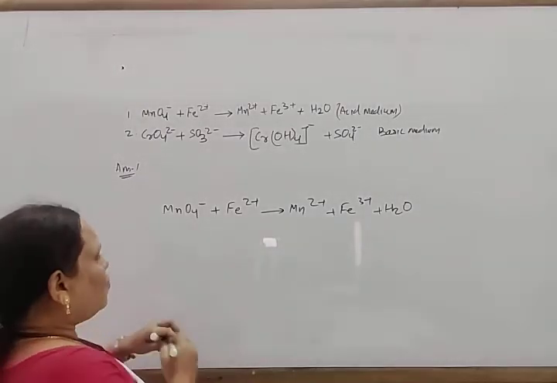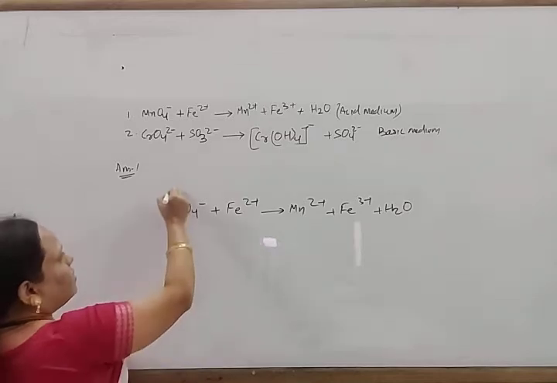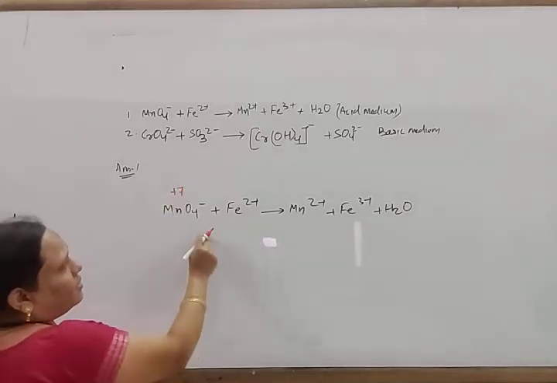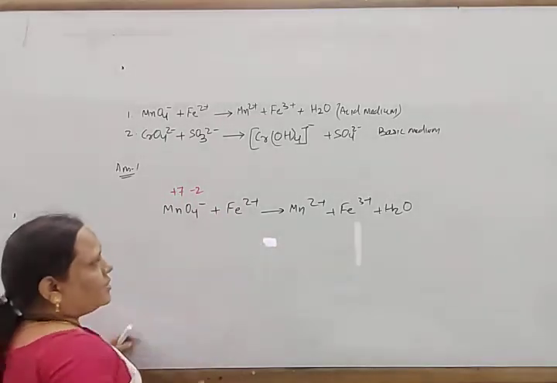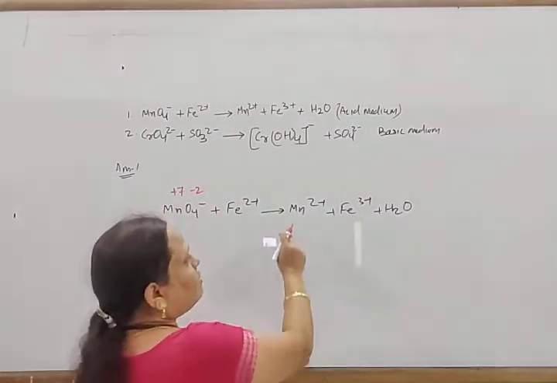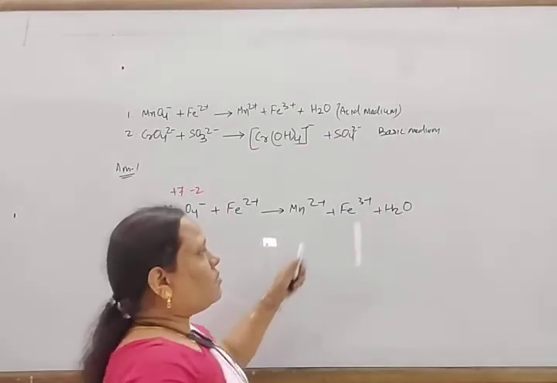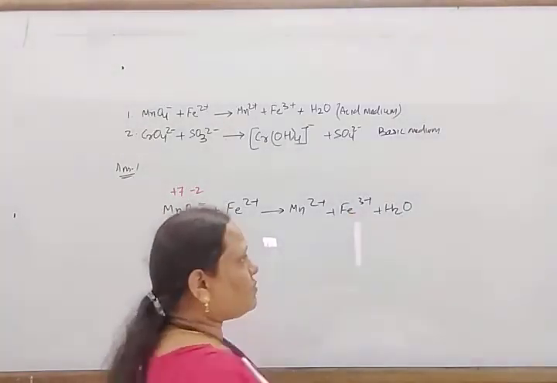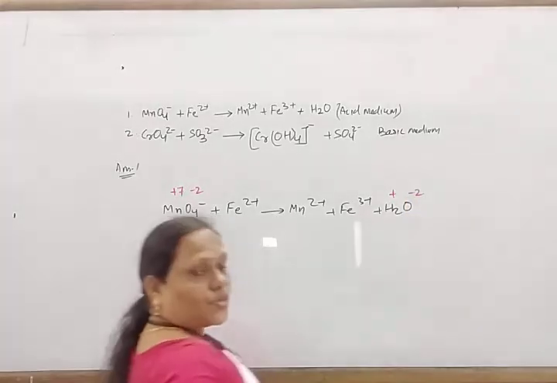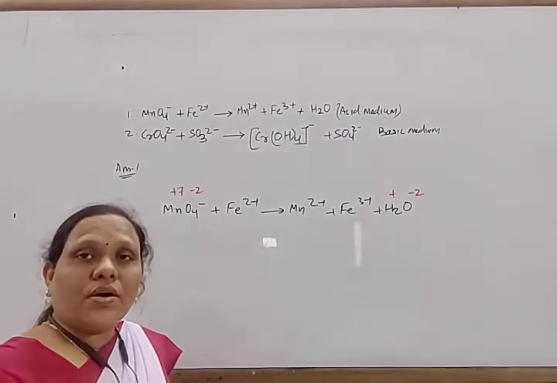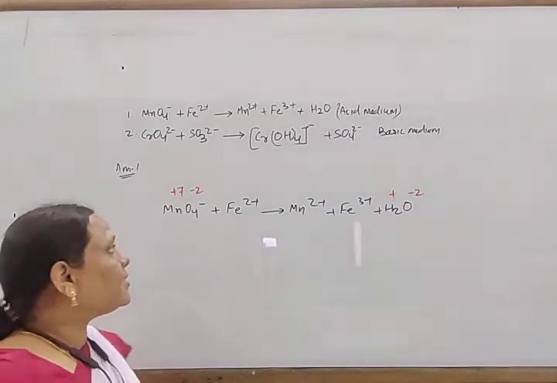Here in MnO4 minus, the oxidation number of manganese is plus 7, oxygen is minus 2. Iron is given in 2 plus form, manganese here is in 2 plus form, iron here is in Fe3 plus form, and hydrogen here is plus 1 and oxygen minus 2. Next, find out where the oxidation number increases and decreases.